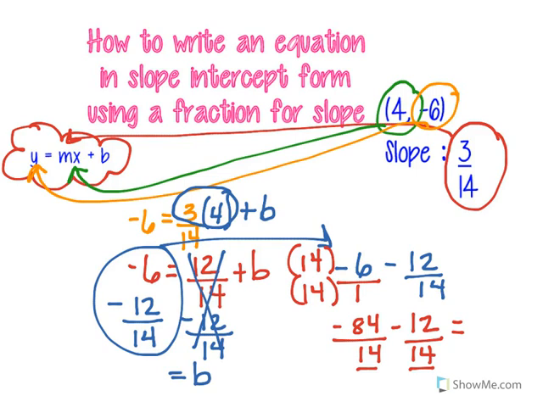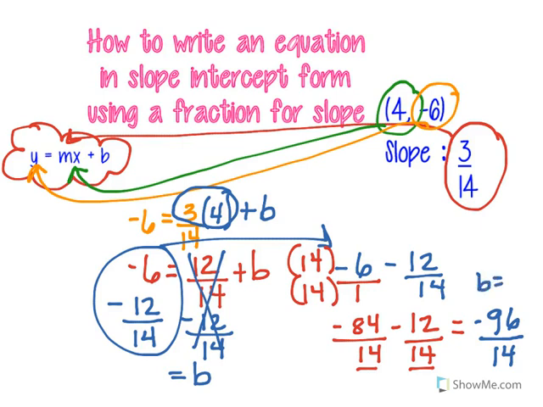I have a -84 minus 12, so that's going to make a -96. And then I'm just going to keep the denominator, which is 14. So b is going to equal -96 over 14.